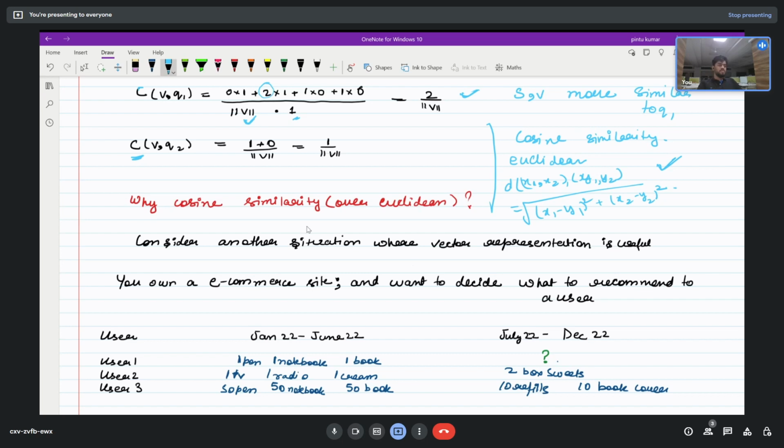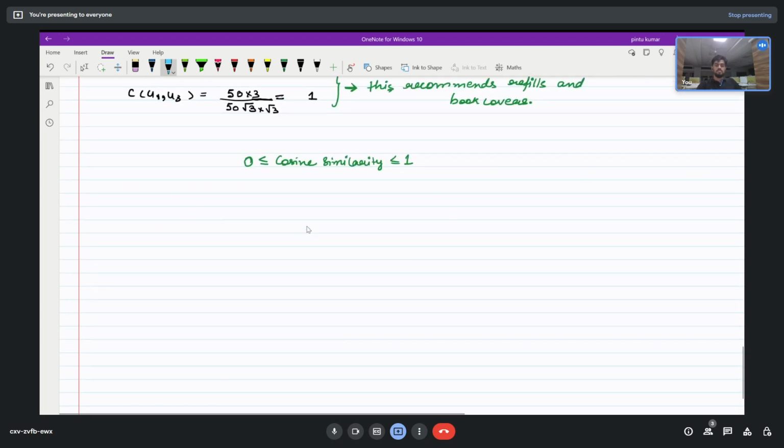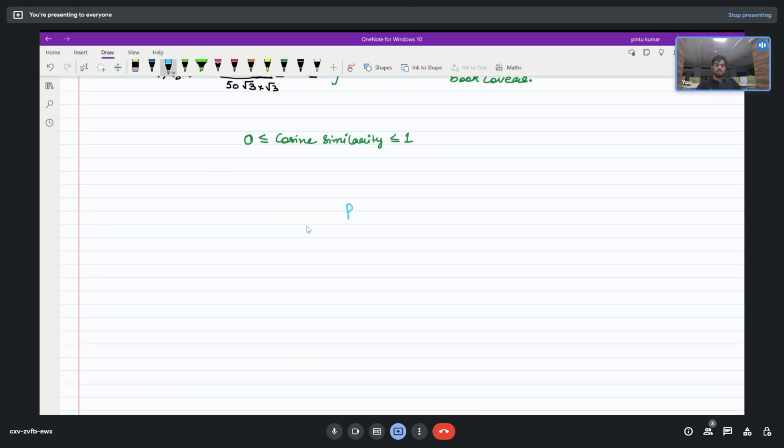Consider that you own an e-commerce website, and some people are buying stuff from your website, and you want to recommend to a user what he should buy next. When you visit Amazon and go to any product page, you would see an option that people also buy, something that people are buying along with this product.